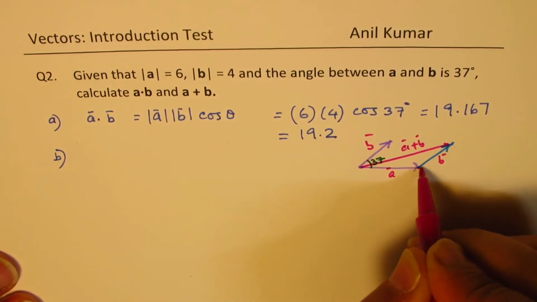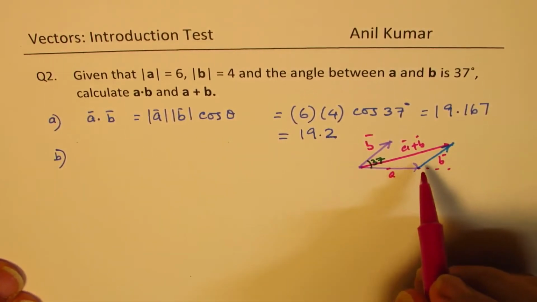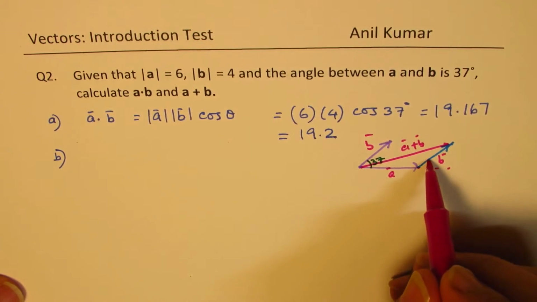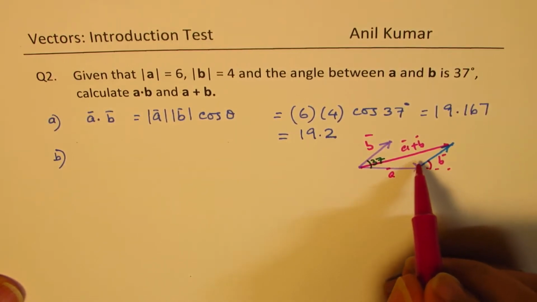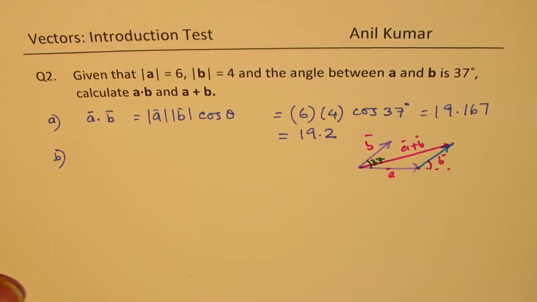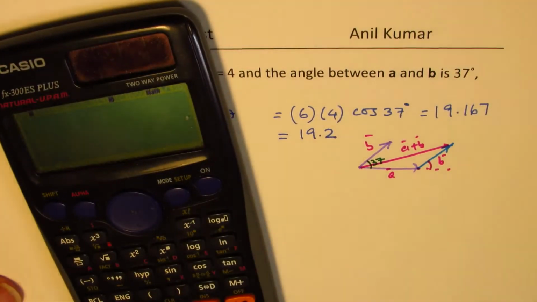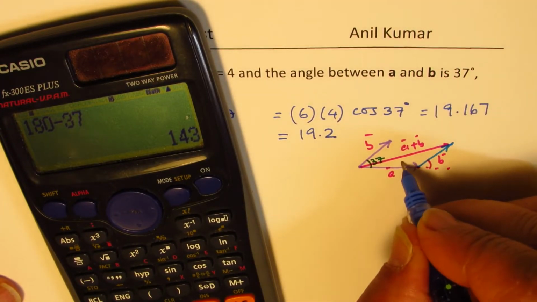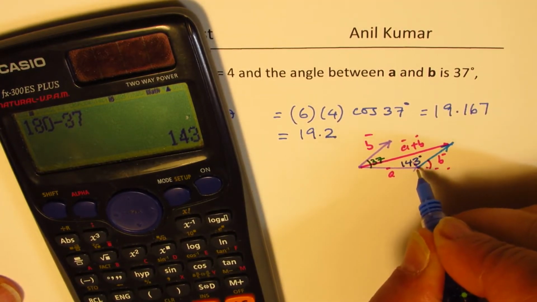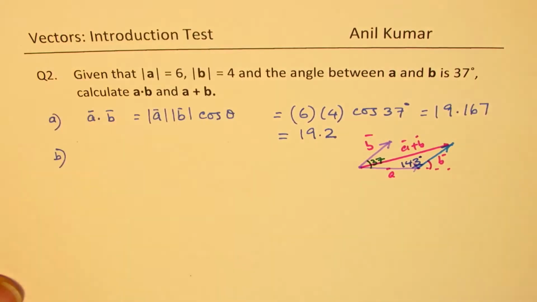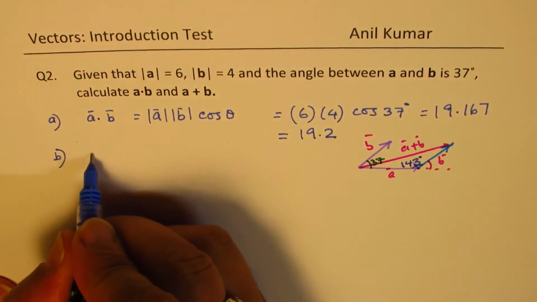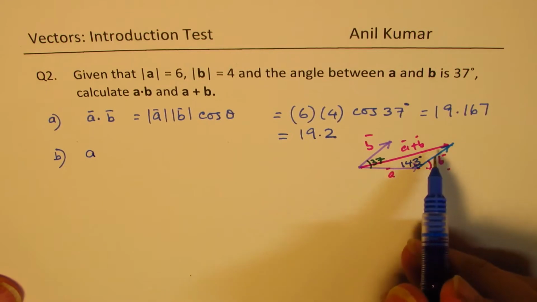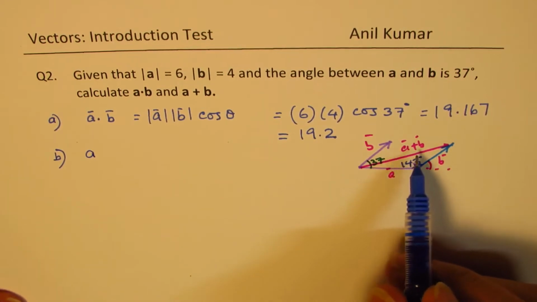That is also B. Now, the angle which we take is not 37, but it is 180 minus 37. Clear? To apply the cosine law. So we have 180 minus 37 equals 143. So this is the 143 degrees which is being used, right? So for A plus B, we have both magnitude and direction, right?